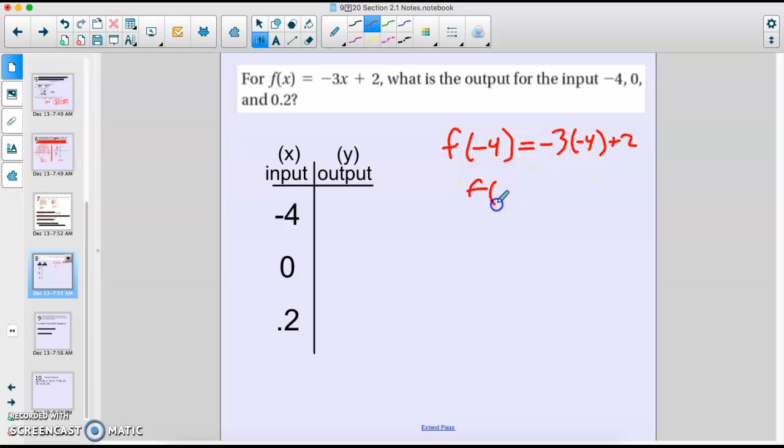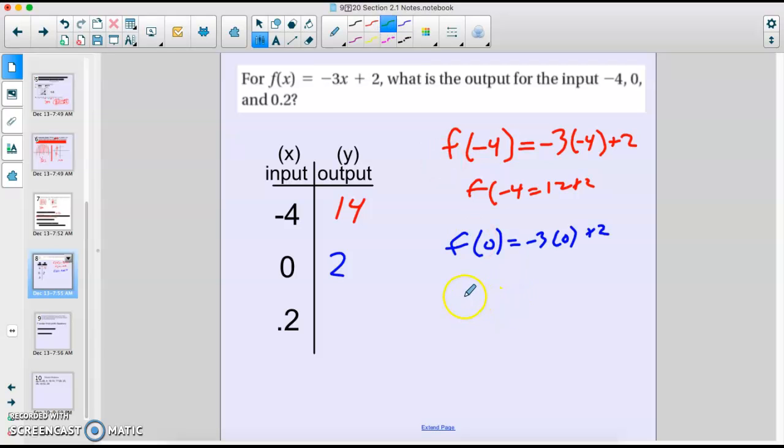So f of negative 4 would be 12 plus 2, and so 14 would be our answer here. The next one, we plug in 0, so f of 0 equals negative 3 times 0 plus 2. Anything times 0 is 0, so 0 plus 2 is 2.